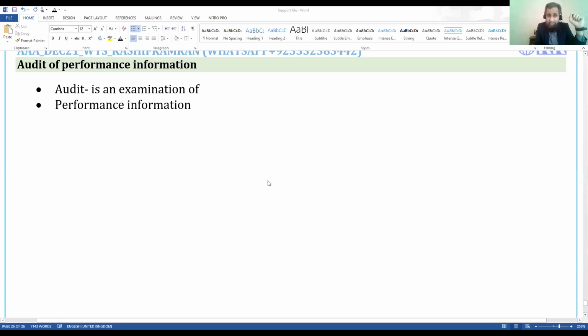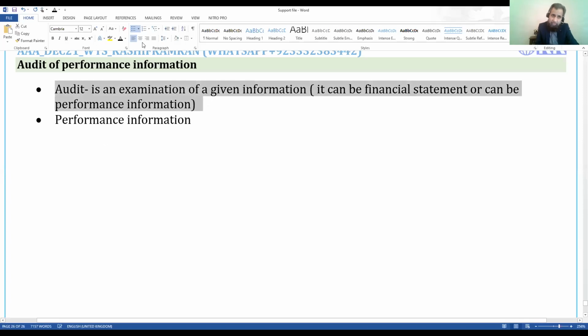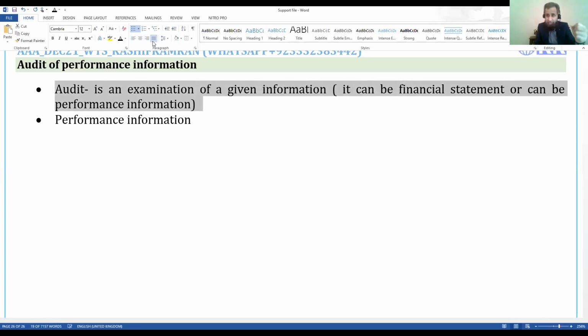So audit is an examination of a given information. It can be financial statements, or it can be performance information. So the way you perform audit remains the same. The assurance level remains the same, but it can be of a financial statement or of performance information.